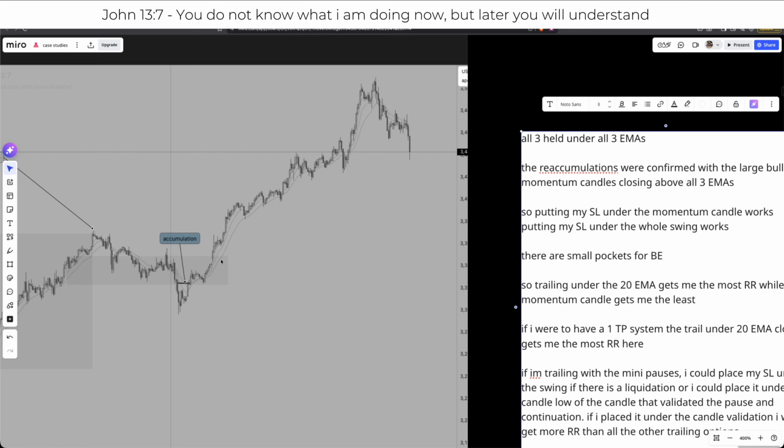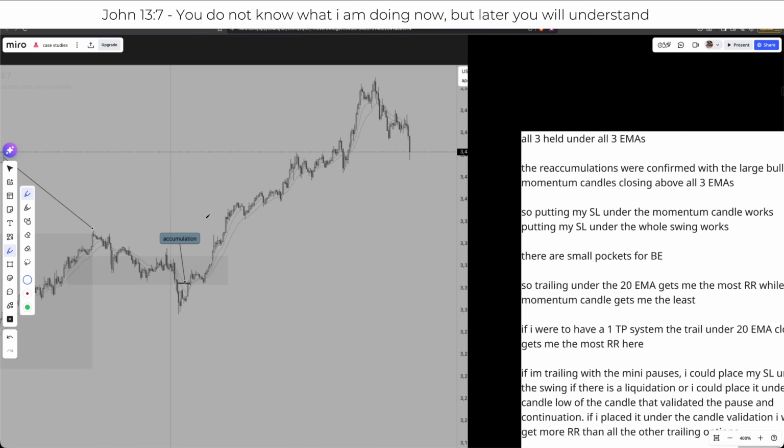So if I do the pauses, right? Pause under here. So I get taken out with this candle if I do the pauses. So this candle right here gets me taken out. So this is the pause.